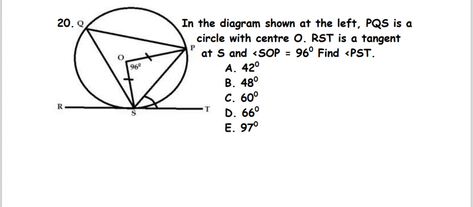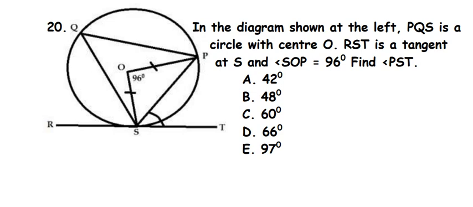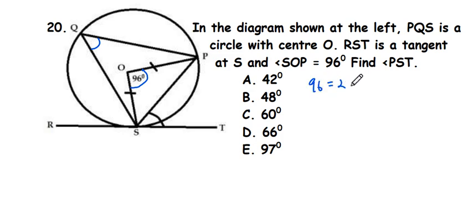Now look at this diagram carefully. Let me zoom it out so you can see. Now this is the center, right? So this angle is 2 times this angle. Angle at center is twice angle subtended at circumference. So 96 is equal to 2 times angle PQS.